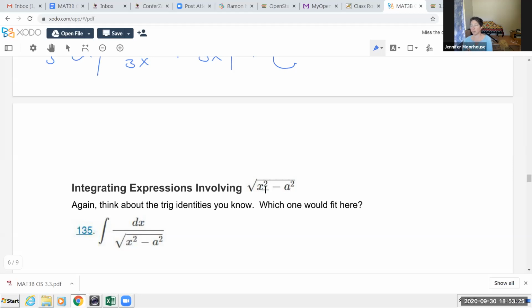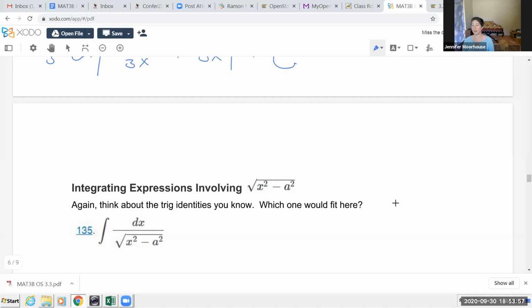And unfortunately, you can't just use the same trig substitution. If you sub in x equal to sine of theta, then you'd have a sine squared minus 1 type situation, and sine squared minus 1 is negative cos squared, and you can't take the square root of a negative, so that's out.